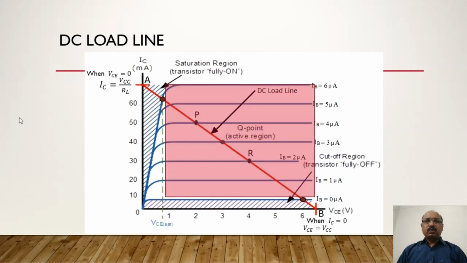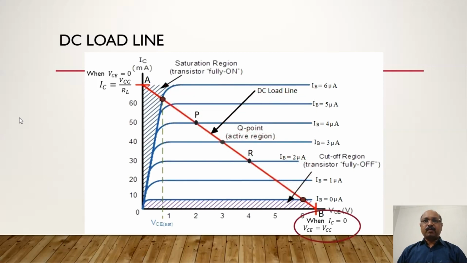Now we find the two points, that is the cutoff and saturation points, which will be located along the x-axis and y-axis respectively. When IC is equal to 0, then VCE is equal to VCC.